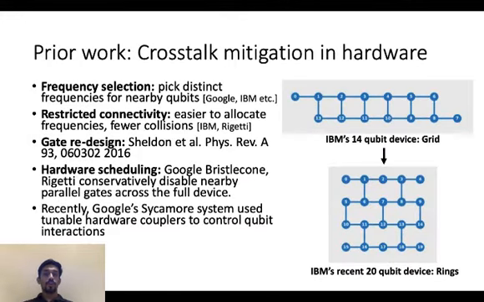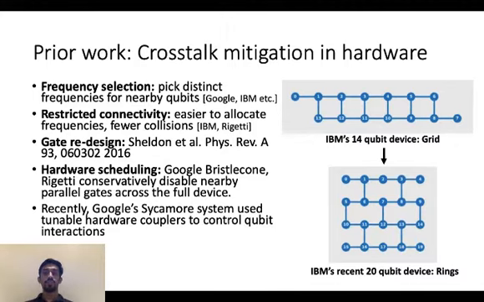Now, because of the importance of crosstalk, there have been several hardware efforts to reduce crosstalk. This includes techniques like carefully selecting the frequencies of qubits to avoid collisions, and restricting the connectivity of the chip to reduce the number of couplings, which also allows us to pick a smaller number of frequencies.